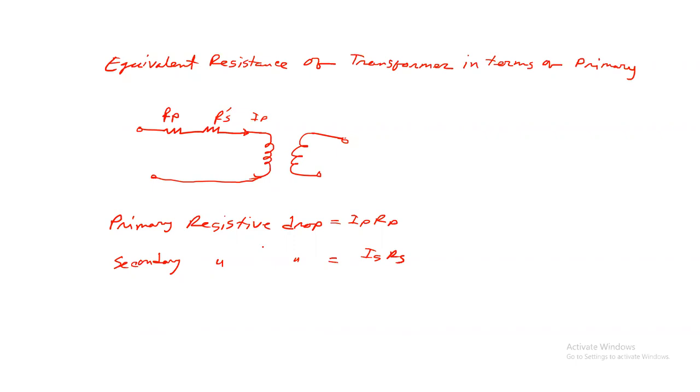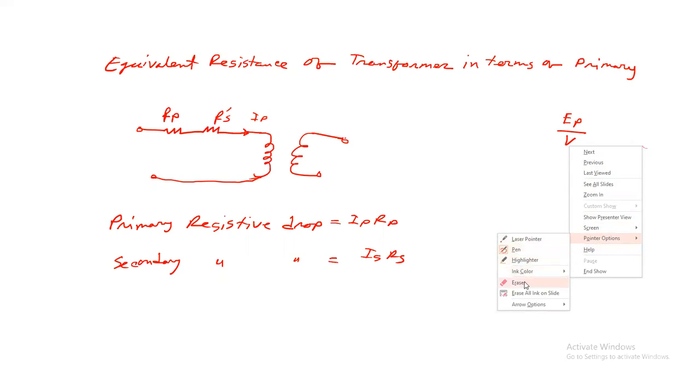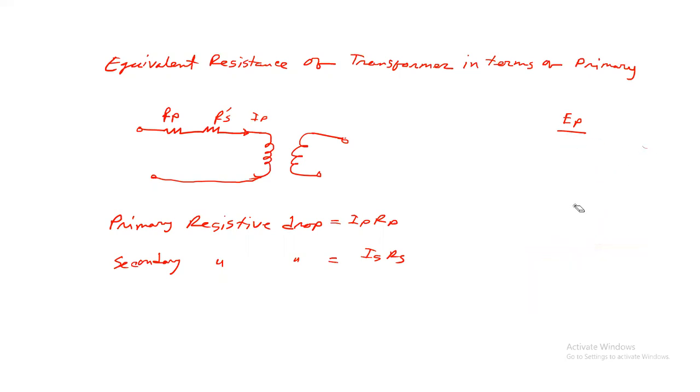You know that EP by ES is equal to A. This is the transformation ratio.